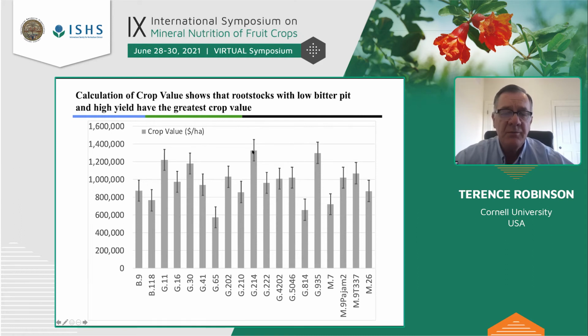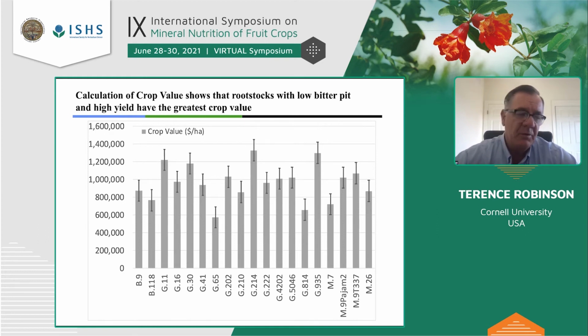Therefore, its cumulative crop value was about 1.3 million. Similarly, Geneva 935 had a similar crop value, as well as Geneva 11 and Geneva 30. Those four rootstocks had significantly greater crop value than did B9. The difference was substantial, a little more than $400,000 cumulative.